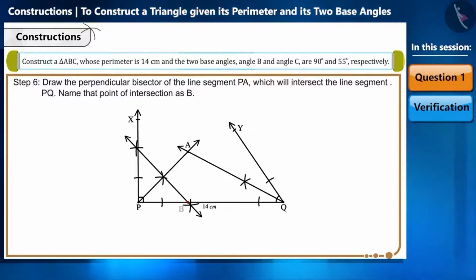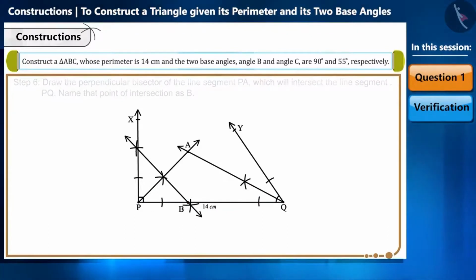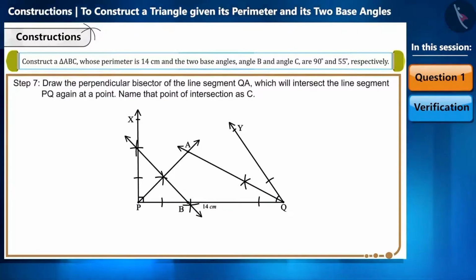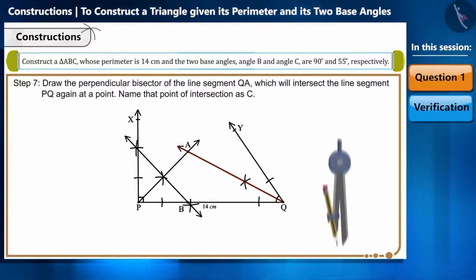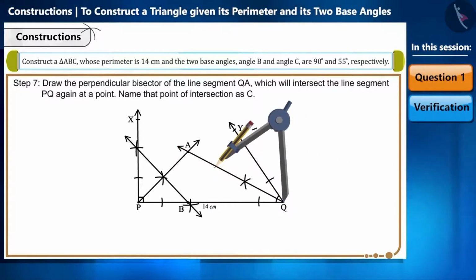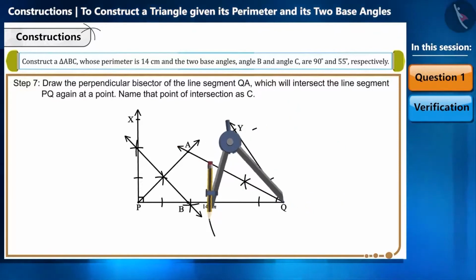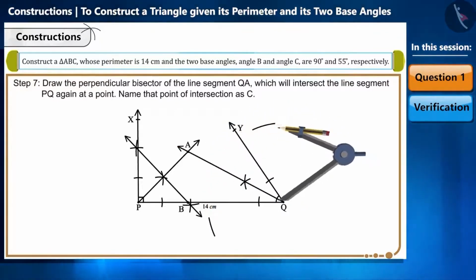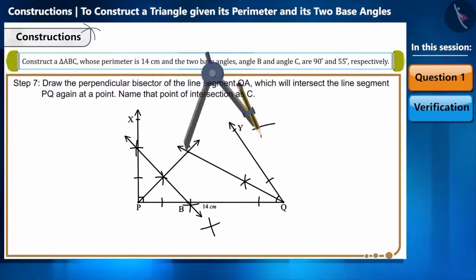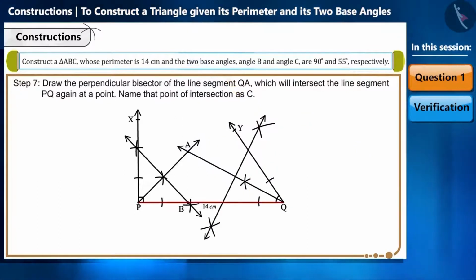We will name that point of intersection as B. Step 7. Similarly, draw the perpendicular bisector of the line segment QA which will intersect the line segment PQ again at a point. We will name the point of intersection as C.